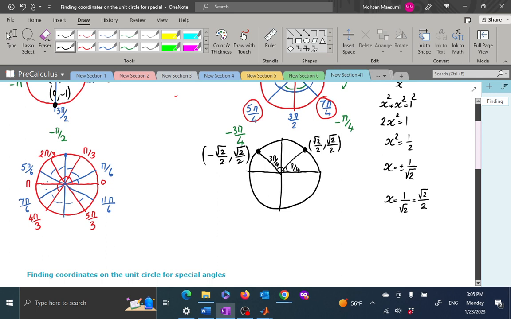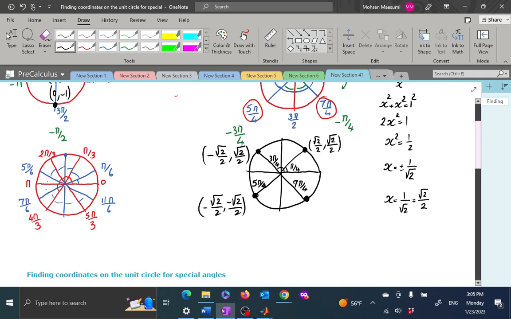If I go another quarter turn until I come to this point, both x and y become negative. And if I go another quarter turn until I come at this location, so by now I have arrived here, this is 5 pi over 4 and here is 7 pi over 4.